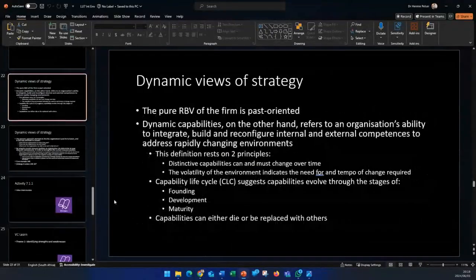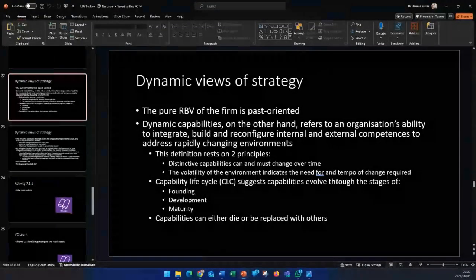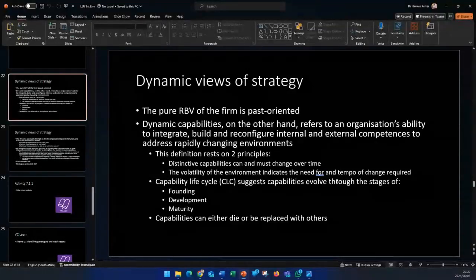So this is the capability life cycle. It talks about the need for dynamic capabilities, the need to constantly refresh your organization so that you are relevant. And we know that capabilities allow us to maximize what we can get out of our resources. The truth is that our resources are completely valueless until we have capabilities to capitalize on them.